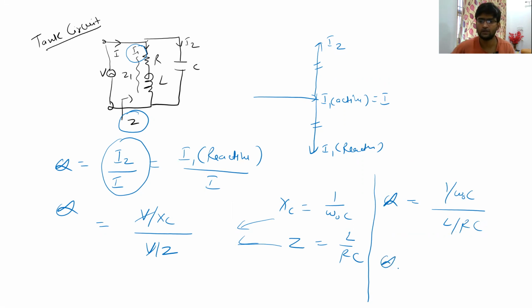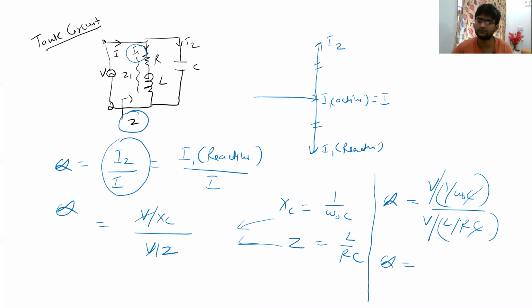Sorry, I made a little mistake. This was V divided by 1 by omega C, and this was V divided by L by RC, since it is V by Z and V by XC, right?